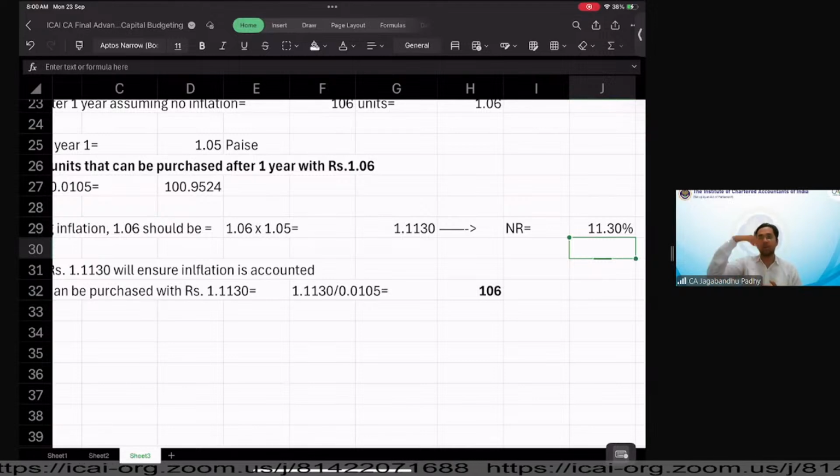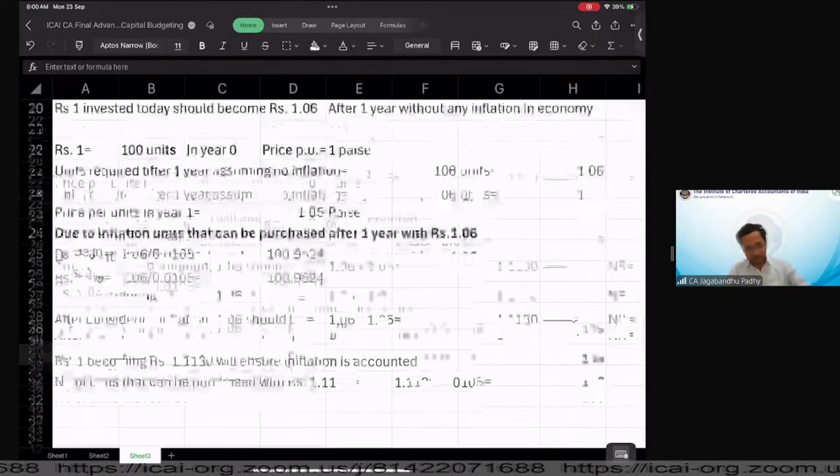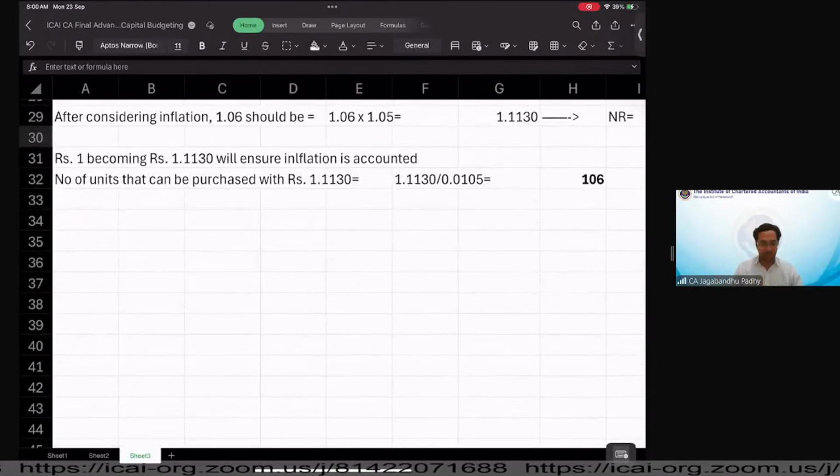So if your 1 rupee becomes 1.1130 after 1 year, that will make you afford 106 units. But if it is just becoming 1.06, that's not going to be affording you 106 units.